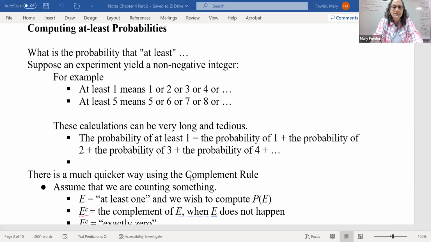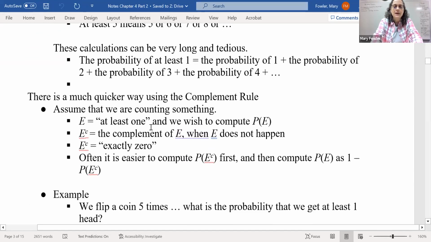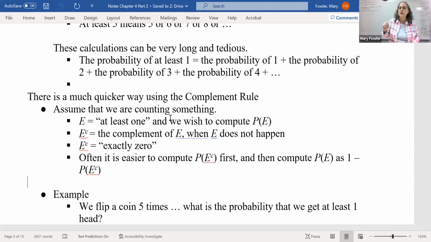Let the event E be at least 1, and we want to calculate the probability of E, but we're going to find it a lot easier to focus on E complement. So E complement is the complement of E. Non-negative integers, I should have said, are 0, 1, 2, 3, 4.